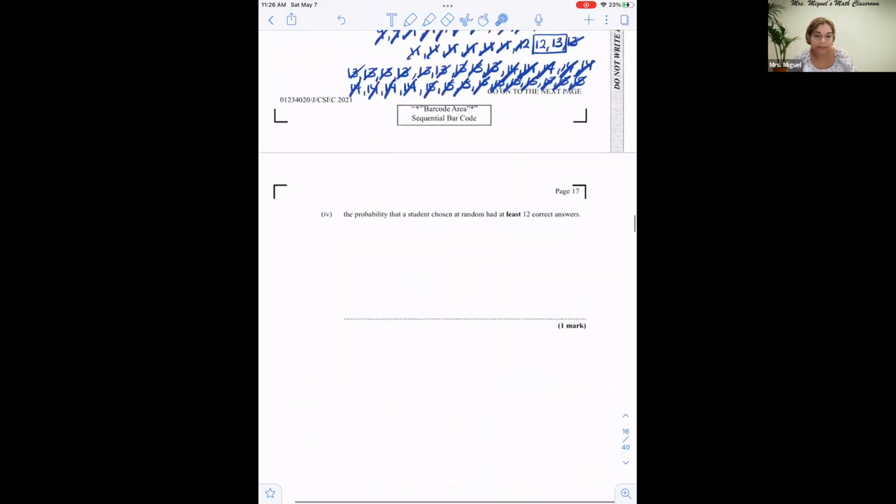The next part, the probability. Yesterday I mentioned CXC likes to bring probability with statistics. When you see the words at least, underline them and write 12 or more.